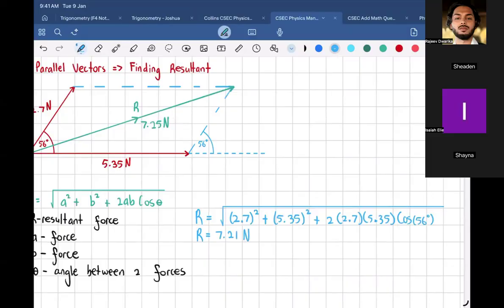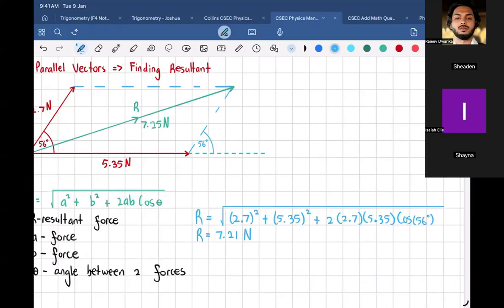You get something very close to 7.25? Oh, so 7.21. I was just making sure. What did you get?